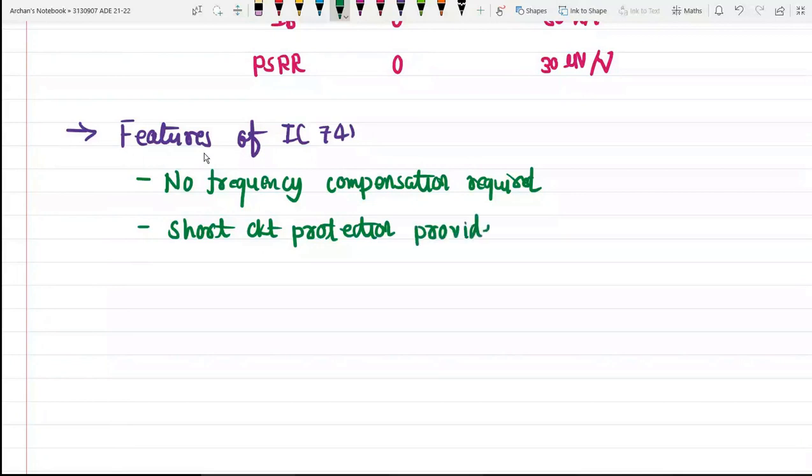Then it has pin number 1 and pin number 5, so it will provide offset voltage null capability.